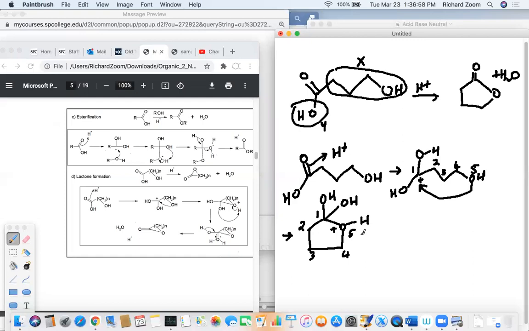Any other questions about the cyclization step here? All right, so just with regard to the cyclization, let's do a poll here. Just the cyclization step. I want to see who understands it, who doesn't.